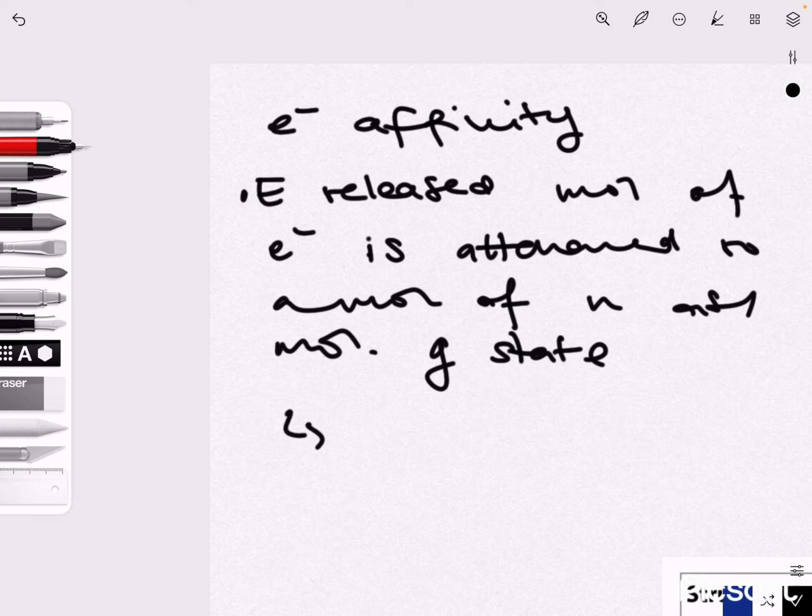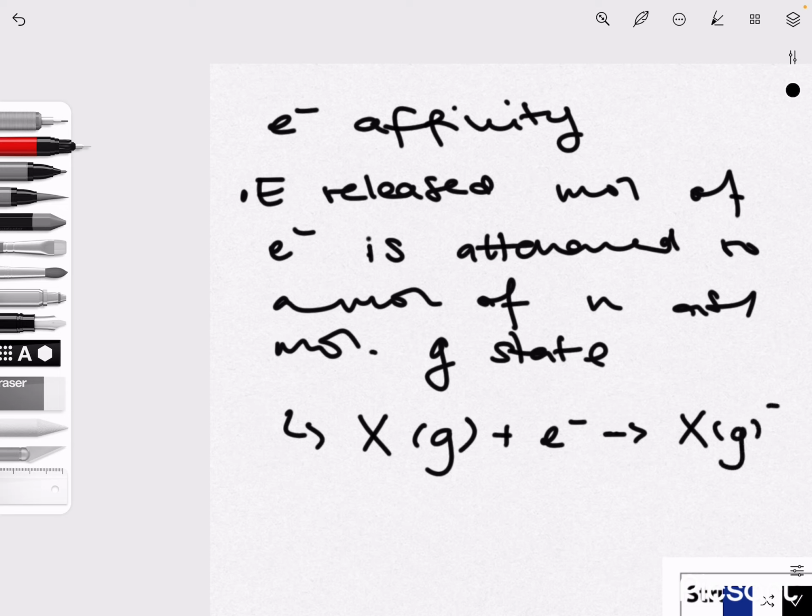Our little formula for this looks kind of similar to the past one. You'll get something looking a little bit like that. And here X just represents any sort of element.